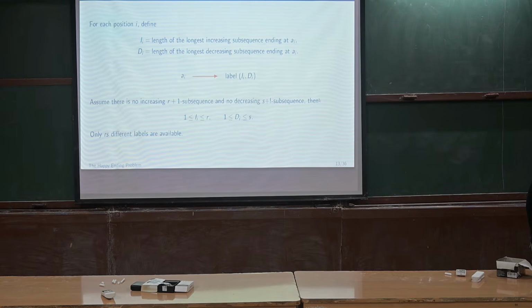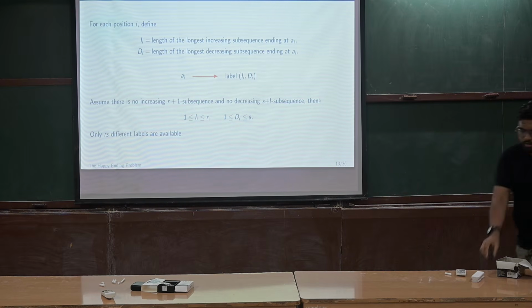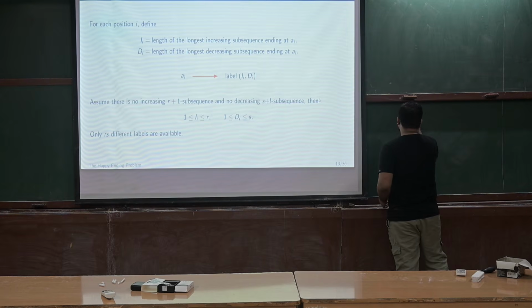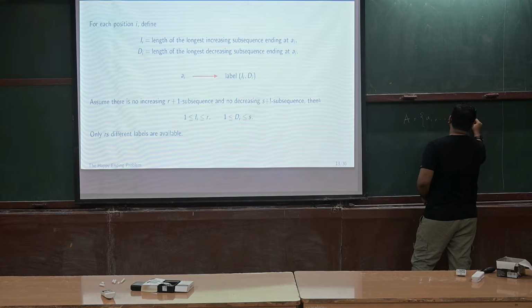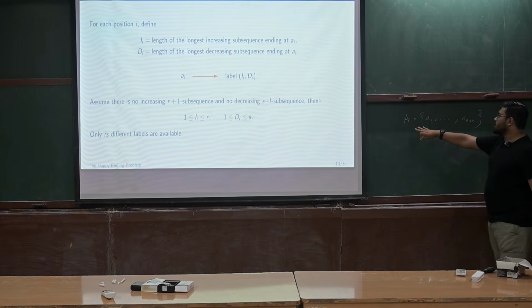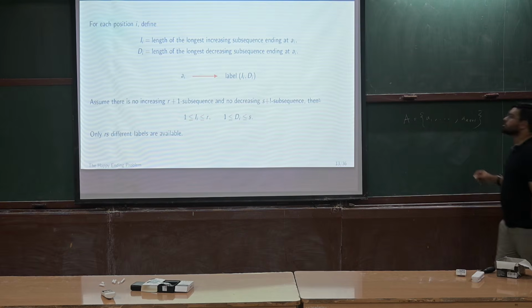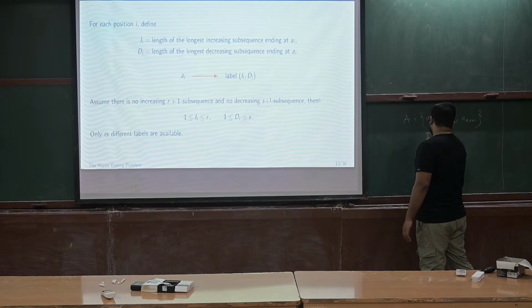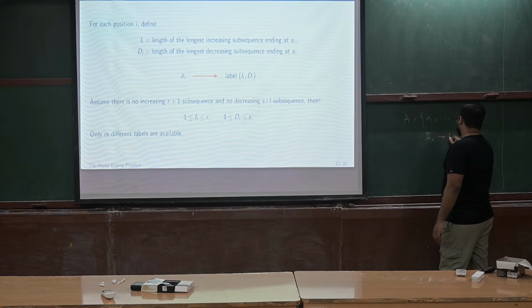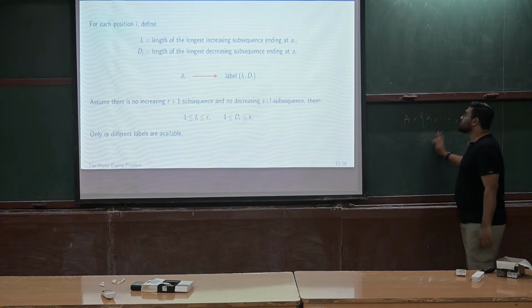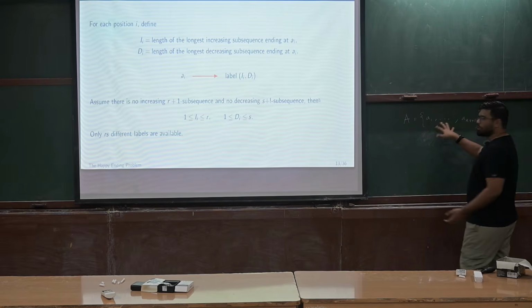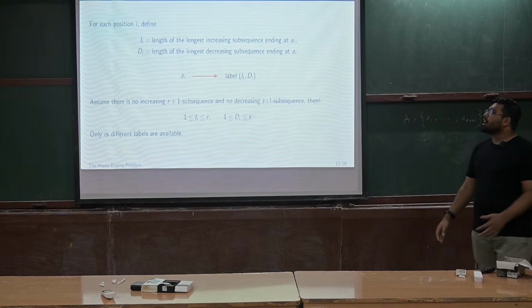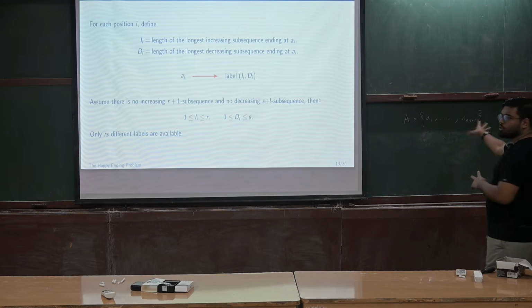Take I sub i to be the length of the longest increasing subsequence ending at a sub i, for any a sub i that you choose from A. And D sub i is the length of the longest decreasing subsequence ending at a sub i, again chosen from A.